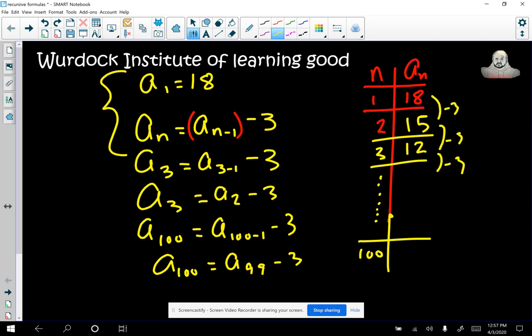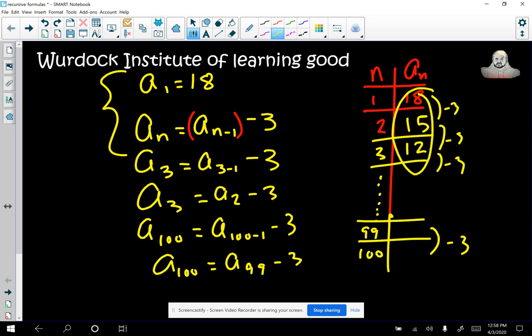So obviously, you would take the 99th term and subtract 3. But sadly, you need the 99th term. And to calculate that, you need the 98th term and the 97th term and so on and so forth. So this is really not a great way to calculate large terms in your sequence. It's just a good way to notice a pattern and describe it very quickly.